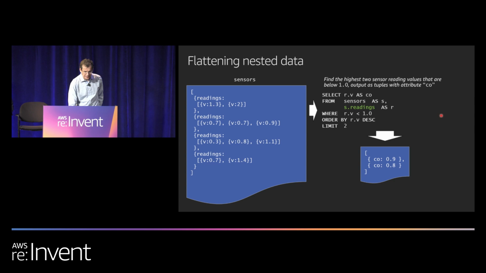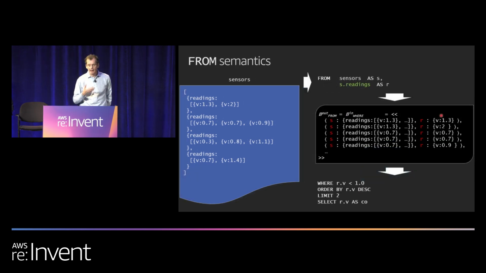Formally, extending the classic SQL tuple calculus-based semantics, this is basically saying that your from clause in this example is producing pairs of bindings, as they're called, for the aliases S and R. So the first binding is the one where S is bound to the first tuple and R is bound to the first tuple in the readings of the first tuple.